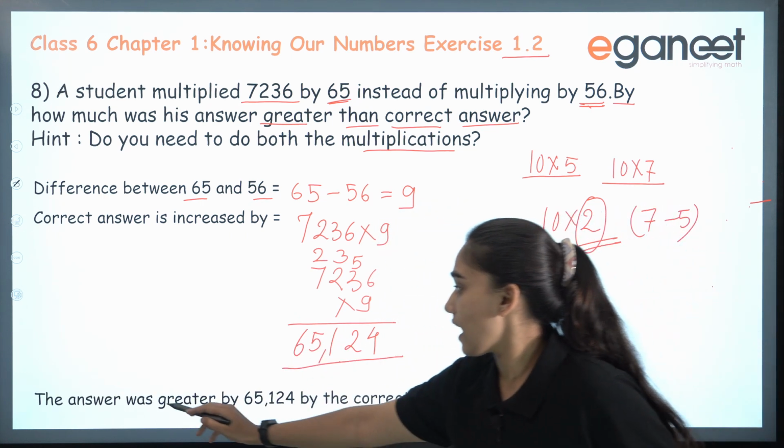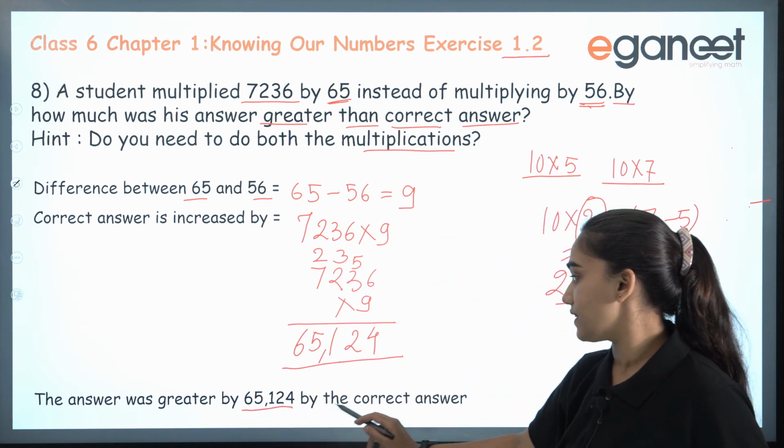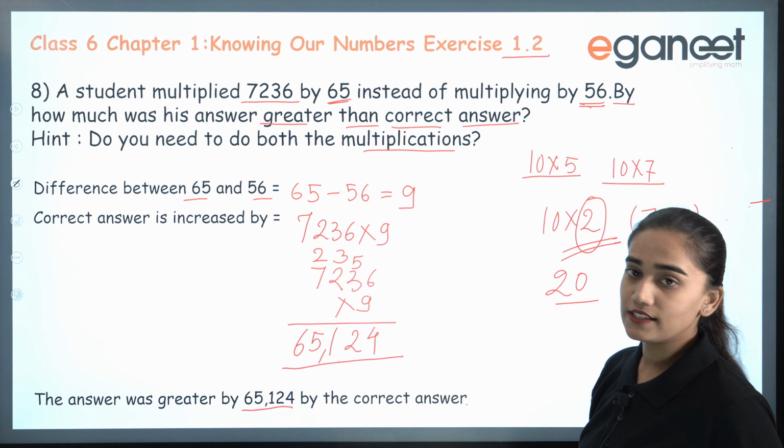So the answer was greater by 65,124 than the correct answer.